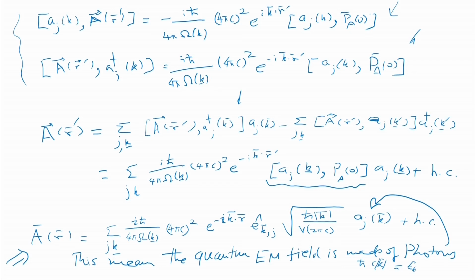And the number of quanta is an operator. You see that this is the number of photons with momentum k and polarization state j. So now this completes the description of the electromagnetic field in terms of photons.